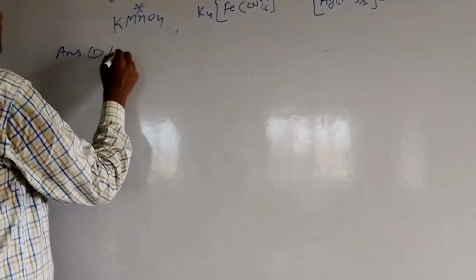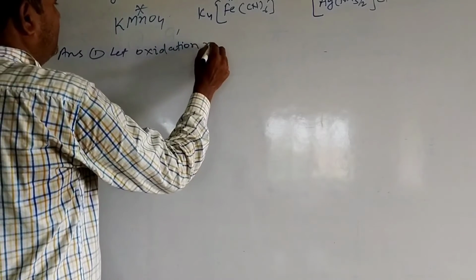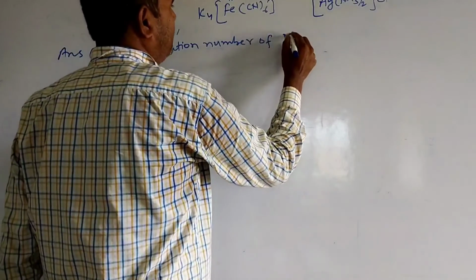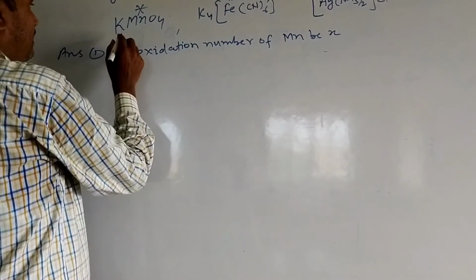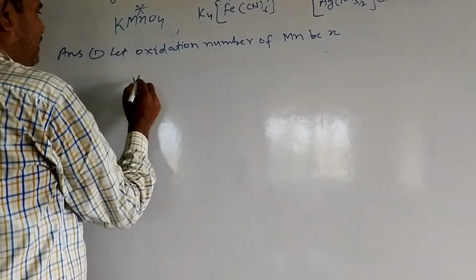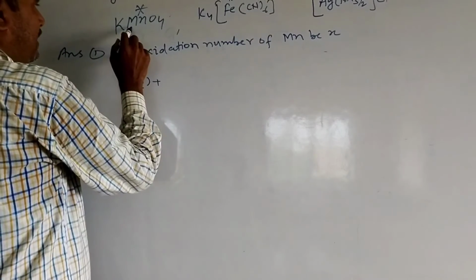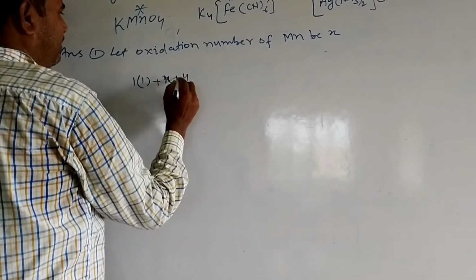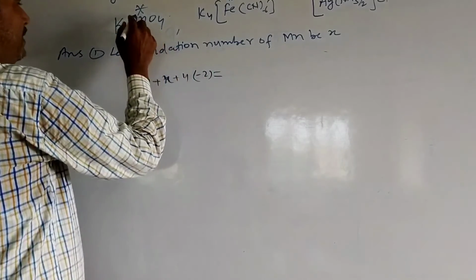Answer. First, let the oxidation number of Mn be X. Here there is a single K, so the oxidation number of K is 1, plus the oxidation state of Mn, X, plus 4 times the oxidation state of oxygen, -2, is equal to the charge present.